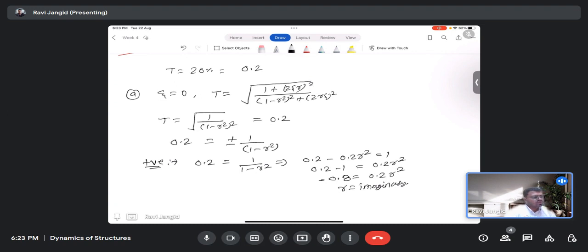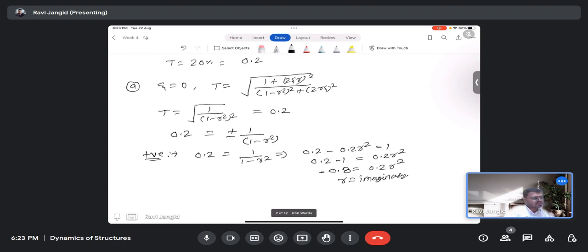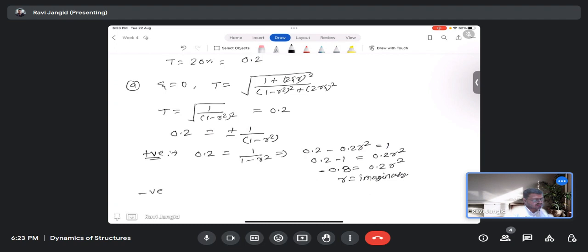Now I need to go to the negative sign. With the negative sign, 0.2 equals minus 1 over 1 minus r square, so 0.2 minus 0.2 r square equals minus 1. So 1.2 equals 0.2 r square.